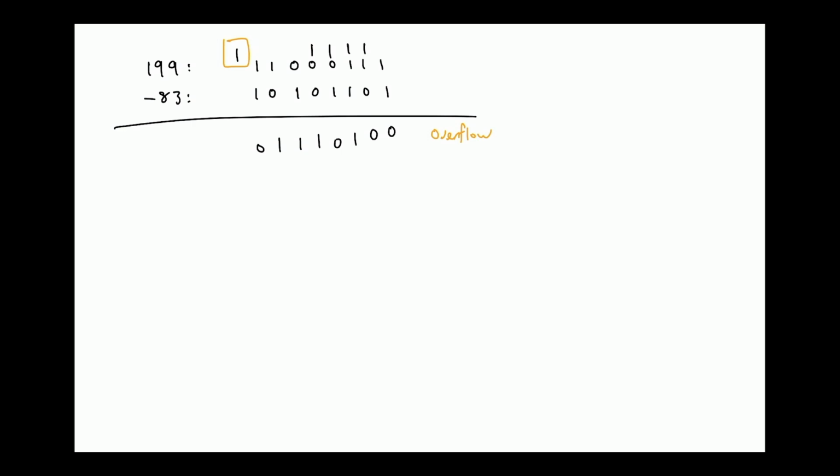Did we all get this bit pattern? The extra one that I've put in the orange box would have spilled over into a ninth position, but we don't have that. So I've just noted that overflow has occurred, and that's the bit pattern we got at the end.